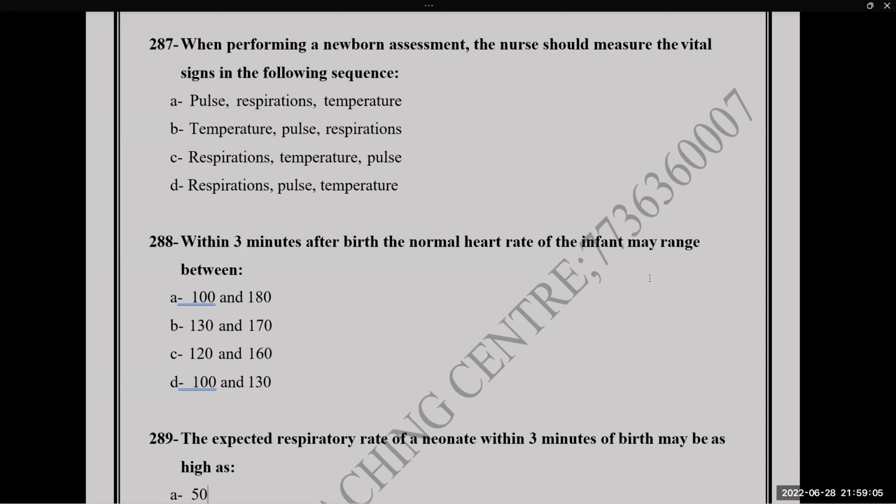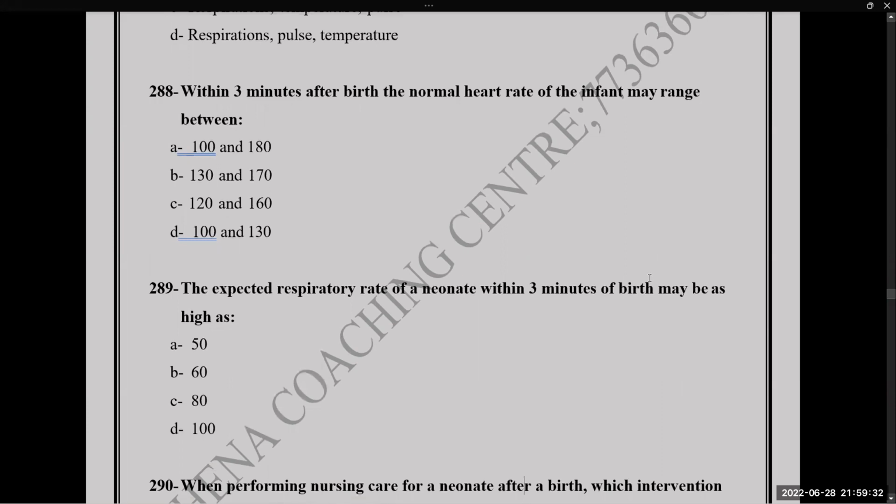So what is the normal fetal heart rate? 120 to 160. So the answer will most probably be the same because the baby is just out. Fine. So the answer is 120 to 160. Okay, next.